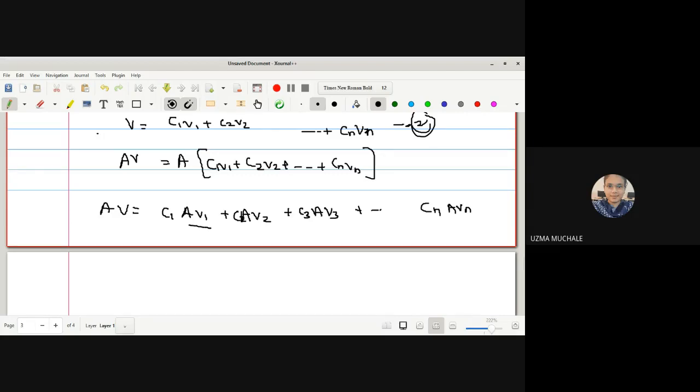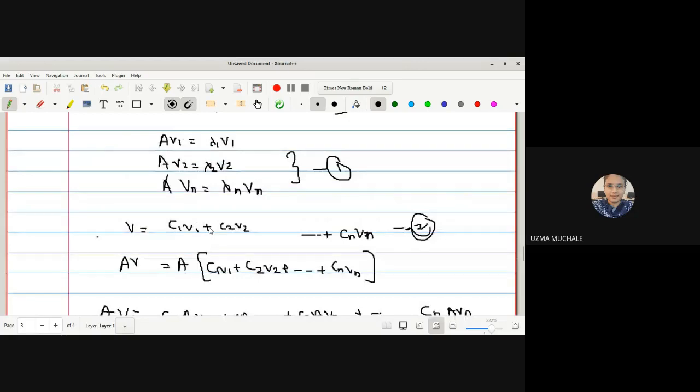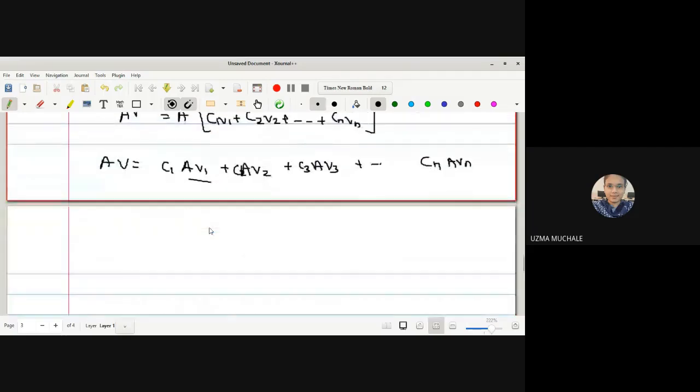Now what is A v1? Just now from equation 1 we can see, just like we have solved for the example, v1 is an eigenvector corresponding to eigenvalue lambda 1. So A v1 is lambda 1 v1.